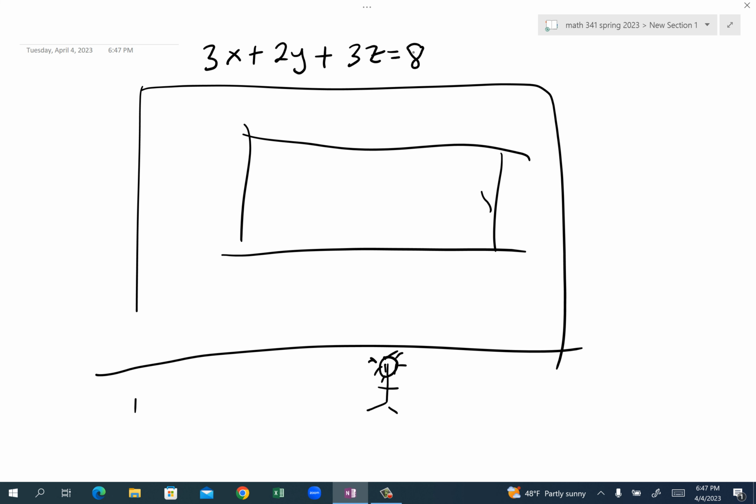There you go. So the point (1, 1, 1) would be in this plane. How do I know? Because (1, 1, 1) makes that a true statement. (0, 4, 0) also makes that a true statement, so that's also a point in that plane. (5, 5, 5) is not in this plane. Not going to happen, because it doesn't make it equal to 8.